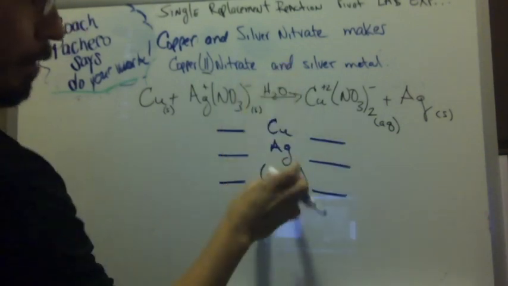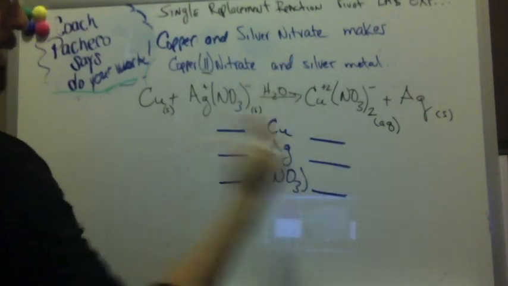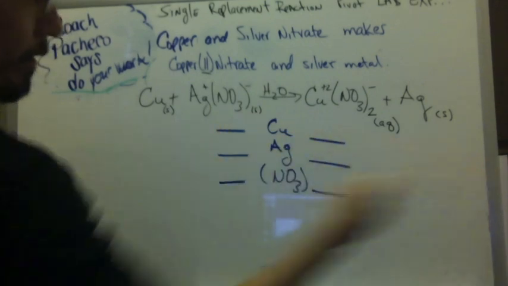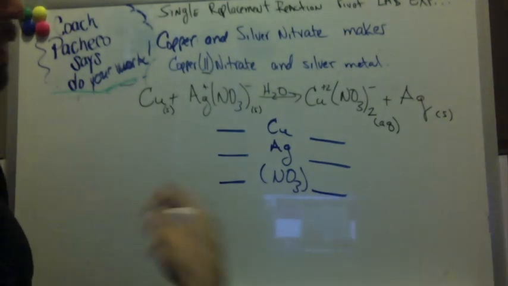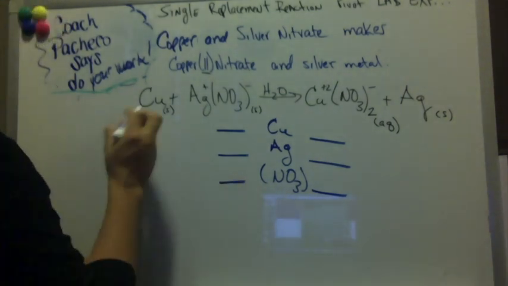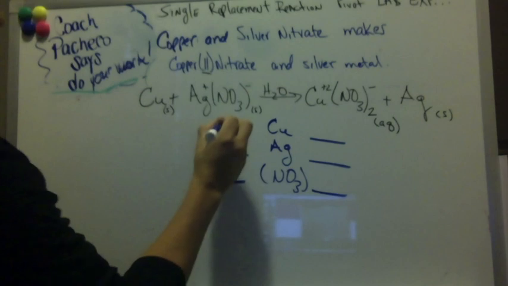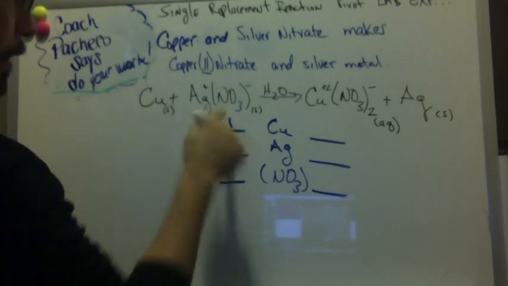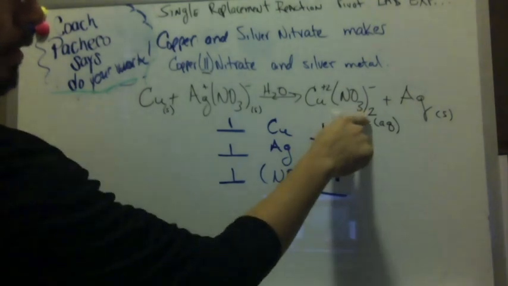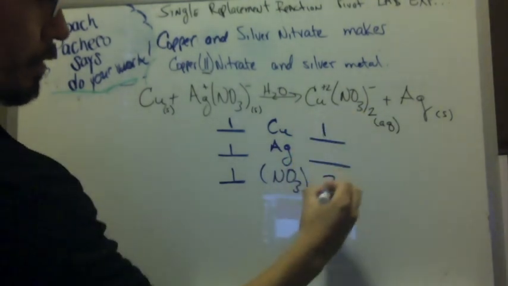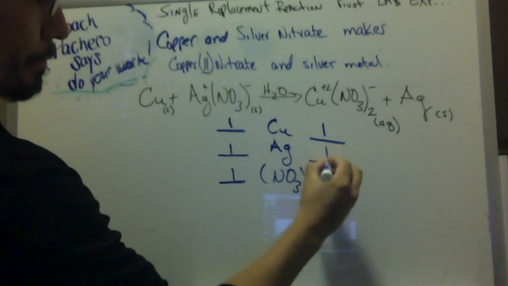I write it in the middle so that I can see going from side to side from my reactants to my products. And it should balance out due to the law of conservation of matter and the law of conservation of mass. I have 1 copper, 1 silver, and 1 nitrate. I have 1 copper, 2 nitrates, and 1 silver.